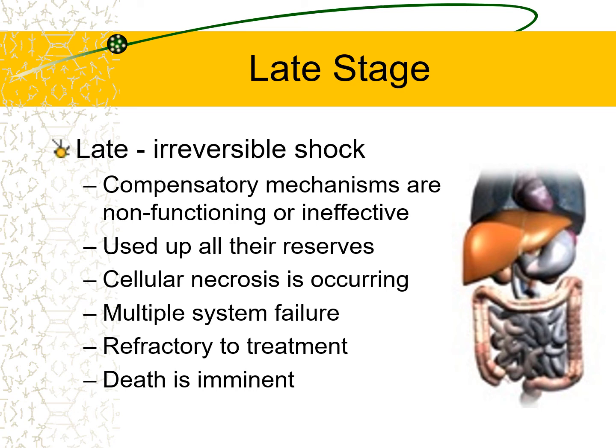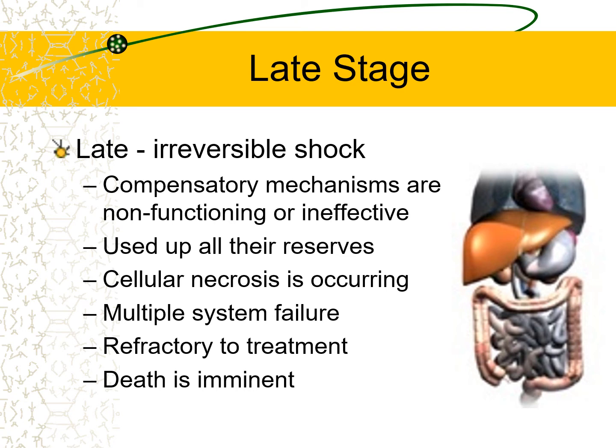All of the body's compensatory mechanisms are no longer working, or they are ineffective. The patient has used up all of their reserves. They have no more reserves to fall back on. Compensatory mechanisms are done. Now we have cellular necrosis.